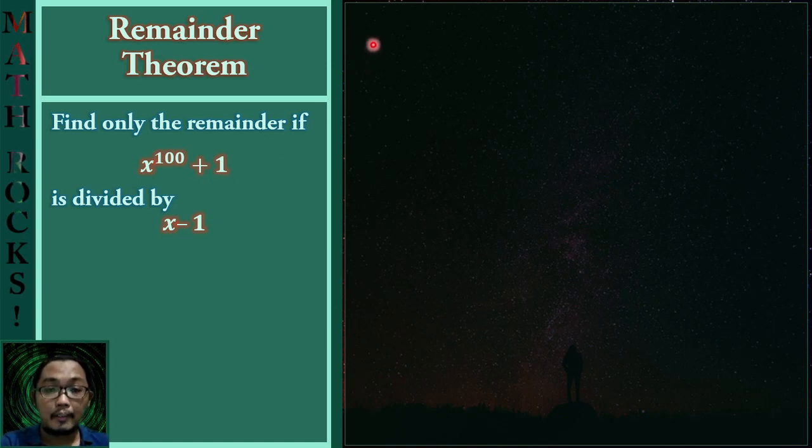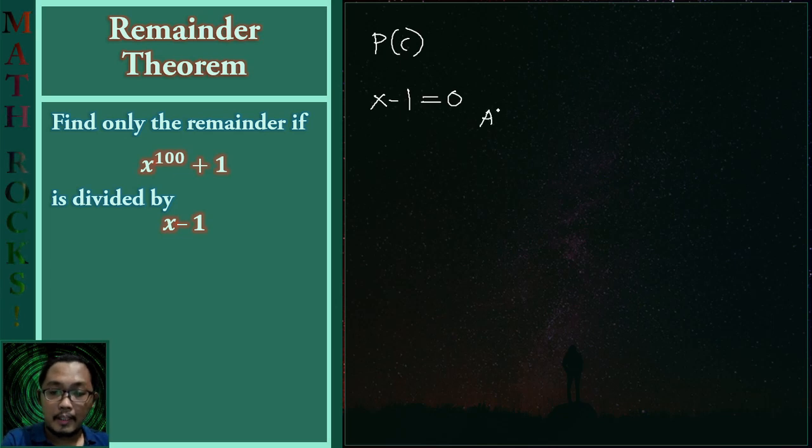So in this particular problem, I will only apply the remainder theorem, for which the remainder of the polynomial is given by p of c. This simply means that we should identify first the value of the c, having the divisor of x minus 1 equated first with 0, and applying the APE to get the value of x.